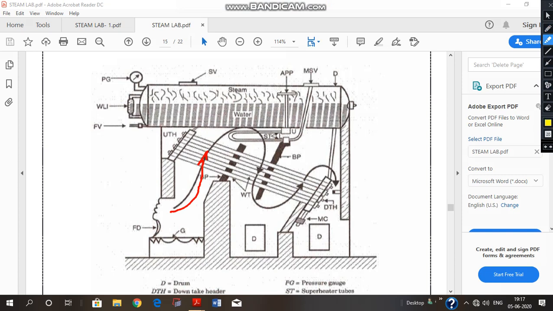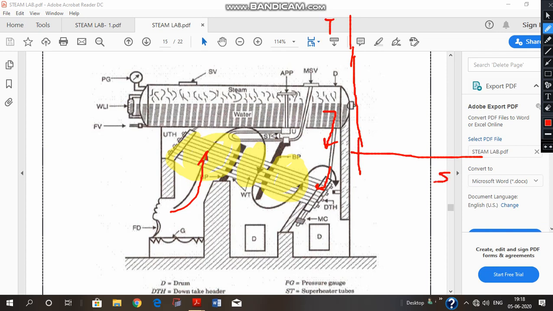Since it is now understood that this portion of the tubes is the hottest portion, this is less hot as compared to the previous one, and this is the least heated portion. Now, since water is already saturated, the temperature of the water starts increasing, and I am showing this by means of a graph.